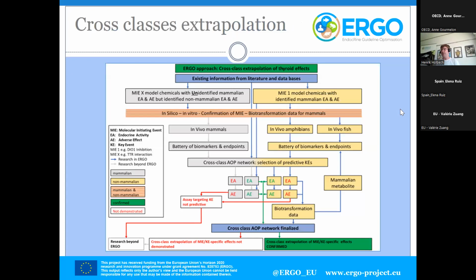Now, this is just an example of cross-class extrapolation taken from one of the projects, ERGO, that both Dries and I are involved in, where we try to break down the wall between human health and the environment.